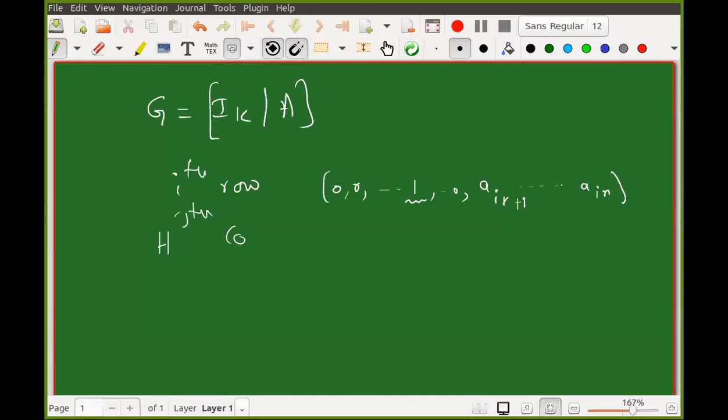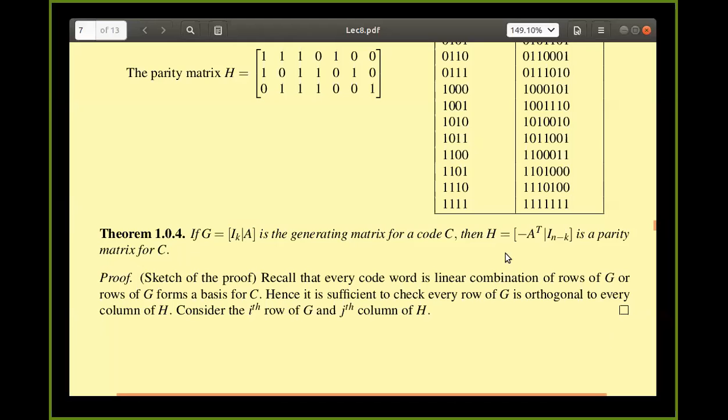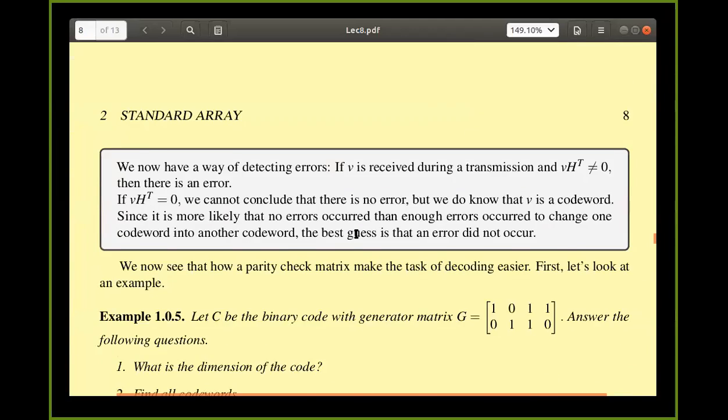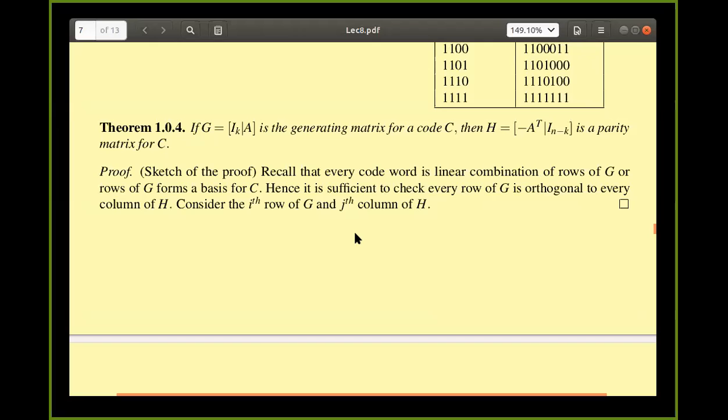Multiply the ith row with the jth column and you will realize what is going to happen. The identity matrix here will take care of it, so you get 0. So till now everything is okay.